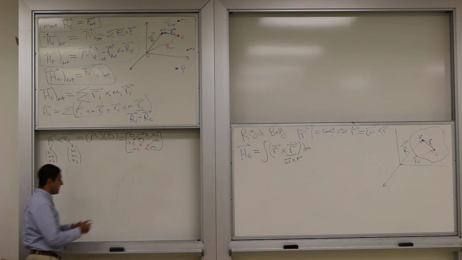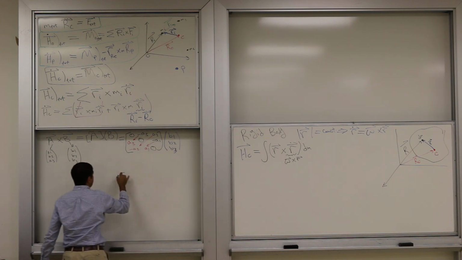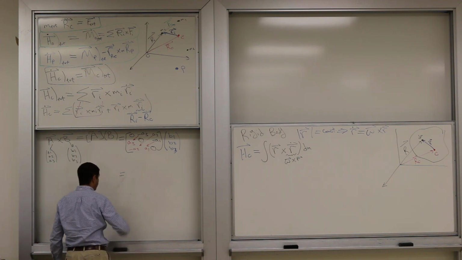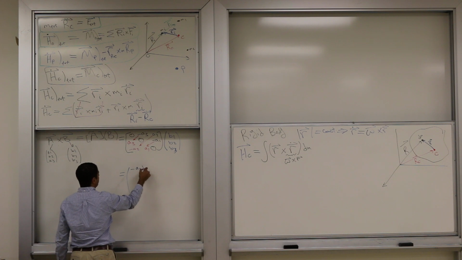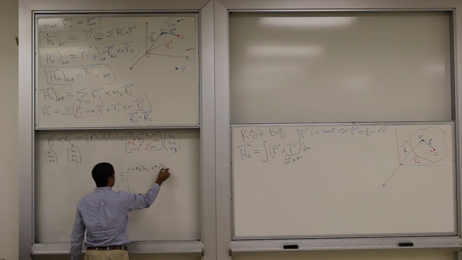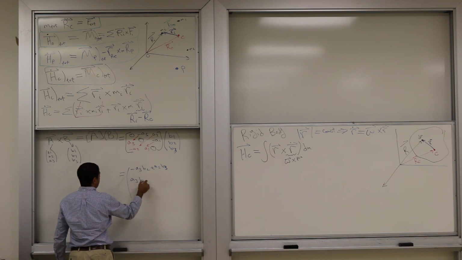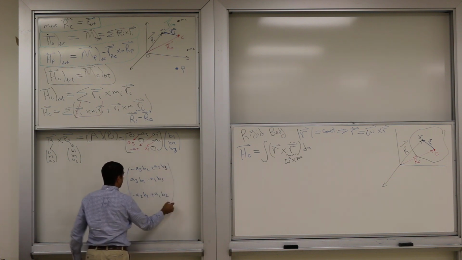Okay? Now I'm going to multiply it with the vector B, which is B1, B2, B3. Here is the result, just simple matrix multiplication. Matrix times a vector gives you a vector. Multiply with me, you'll get negative A3B2 plus A2B3, and A3B1 minus A1B3, negative A2B1 plus A1B2.